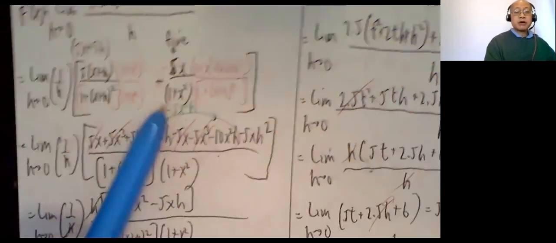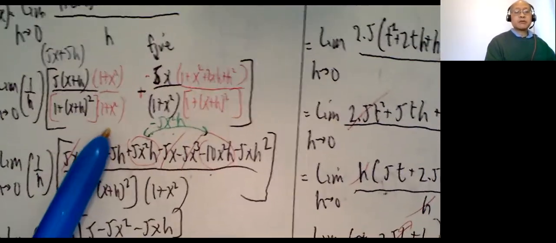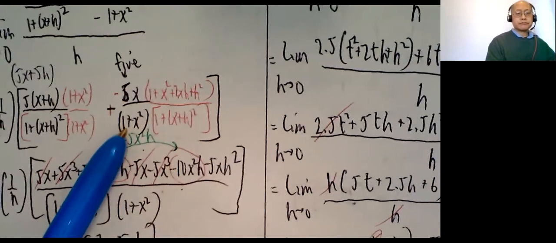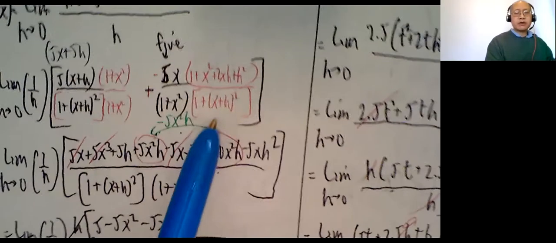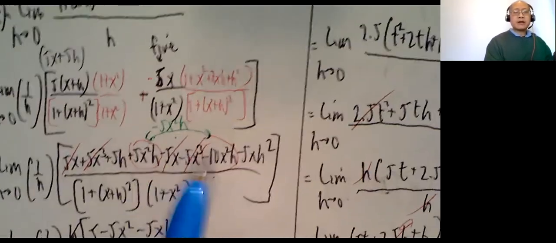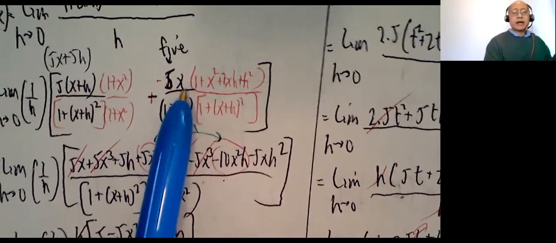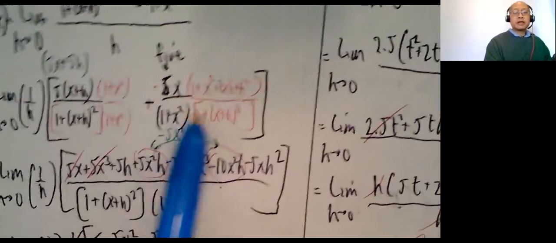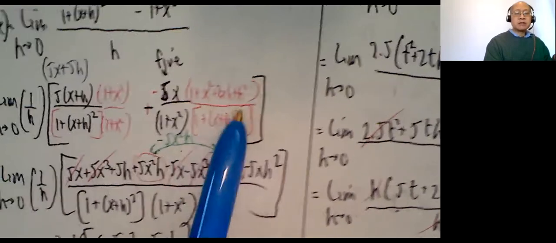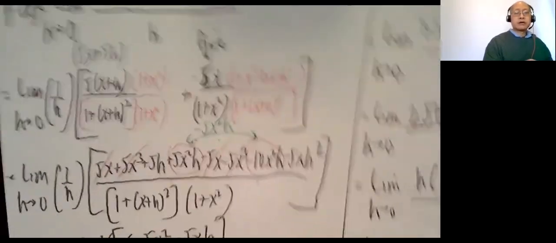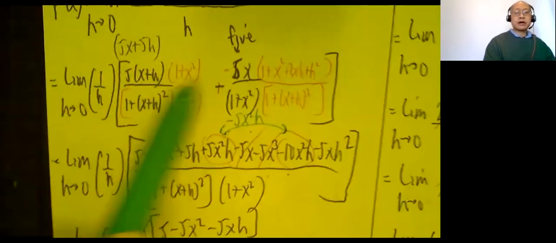So on the left side, I put 1 plus x squared over 1 plus x squared, because that's what I have here. This side is 1 plus x plus h squared. Same thing on top, but in this particular case, it's better to multiply out the top as 1 plus, and now what is x plus h squared? x squared plus 2xh plus h squared. Okay, because I'm going to have to multiply all of this out now.